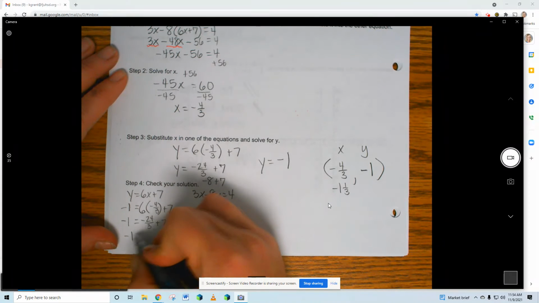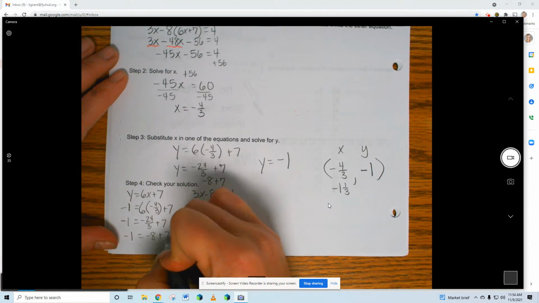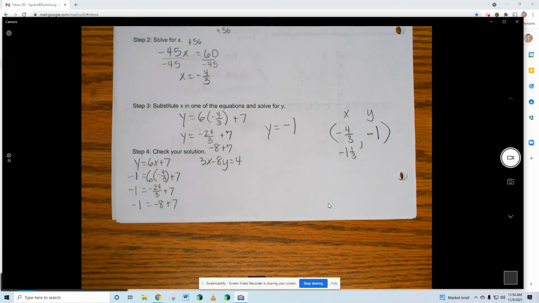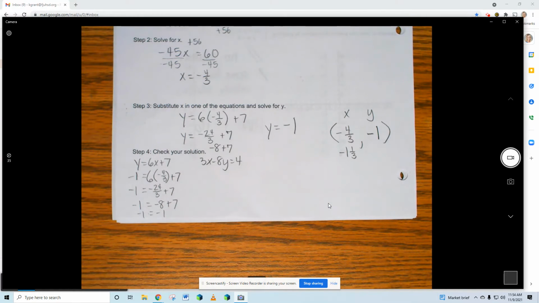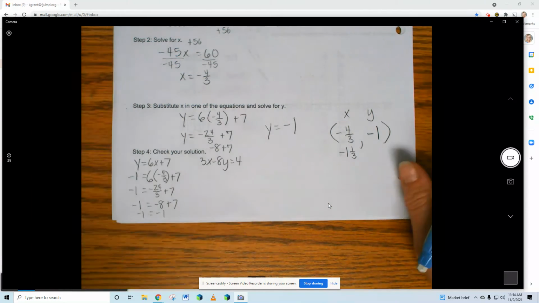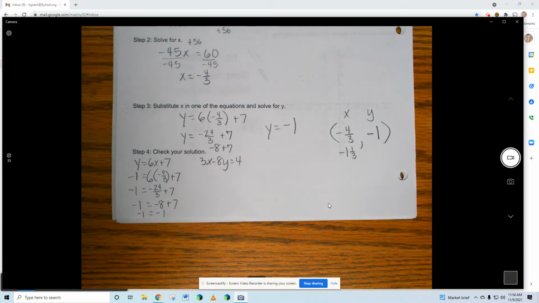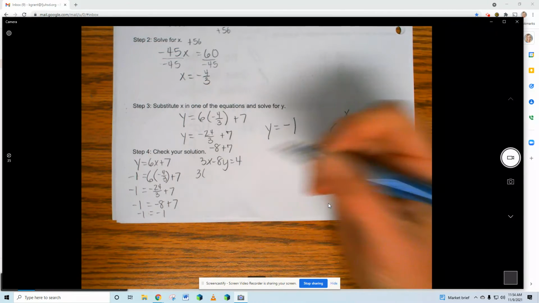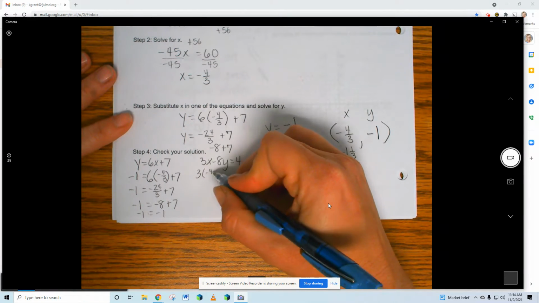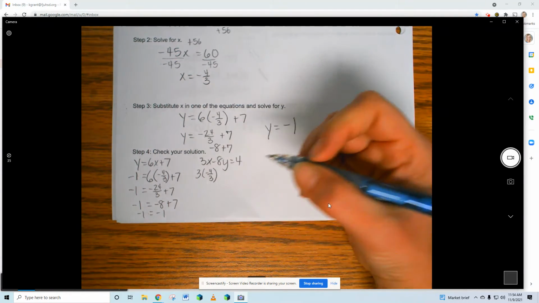I feel like I've done this math problem before. Negative 1 equals negative 1. That's good. So far, so good. And now 3x minus 8y. 3 times, and negative 4/3 is a lot easier to plug in than 1 1/3.